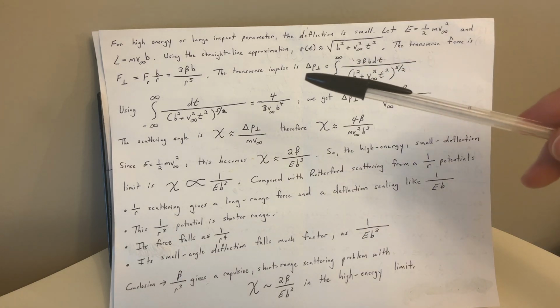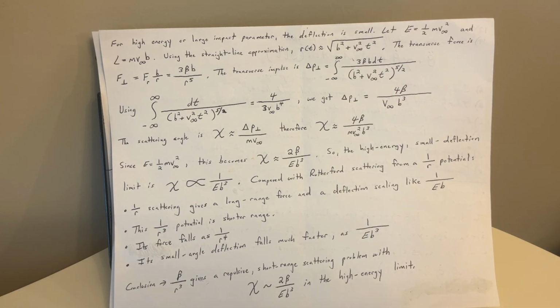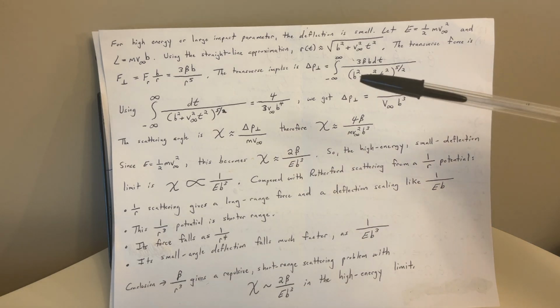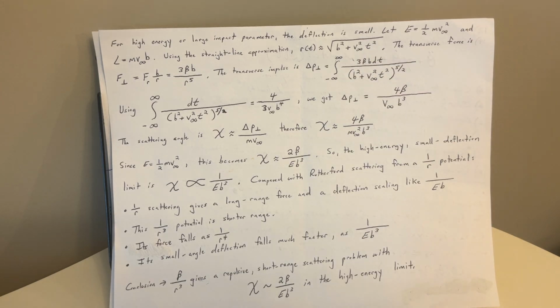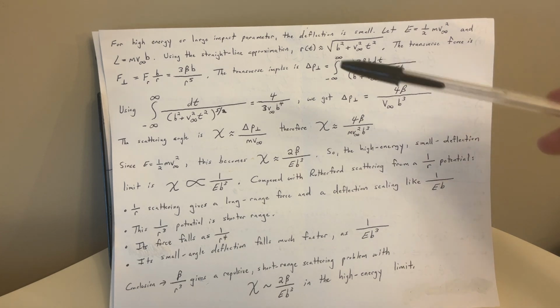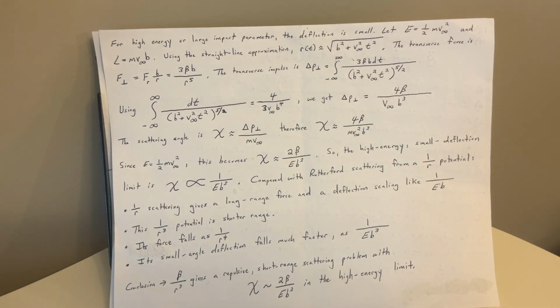So the transverse impulse is delta p sub perpendicular equals the integral from negative infinity to infinity of 3 beta b dt over the quantity b squared plus v at infinity squared t squared raised to the 5/2.